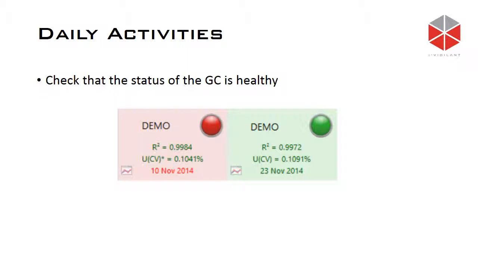The correlation value needs to be high, the uncertainty value needs to be low, and the last calibration data needs to be less than the set periodic value. Based on this, if something goes wrong, we can tell what's causing the issue, and we can use the troubleshooting or diagnostic tool to help us determine what's wrong with the GC.